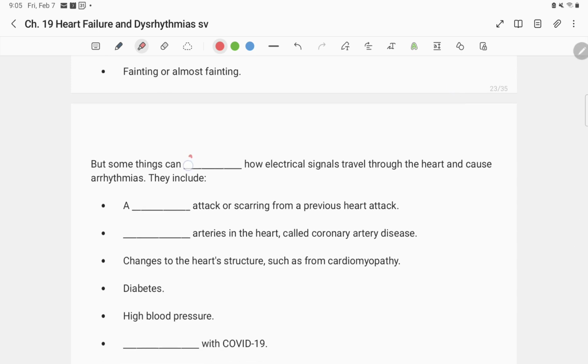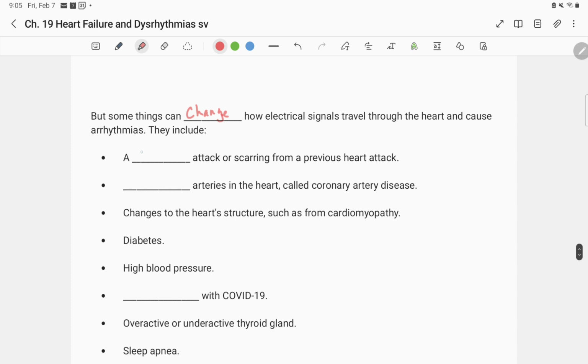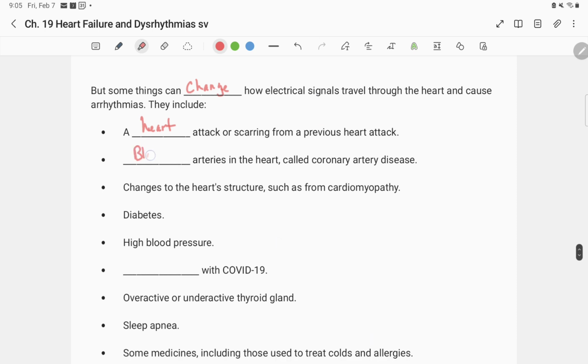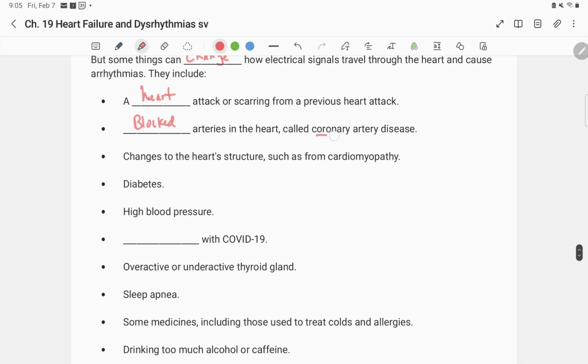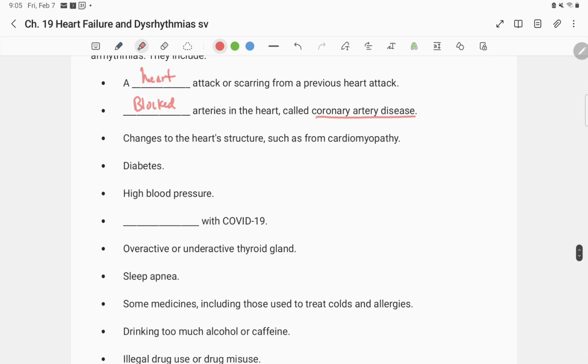Some things can change how electrical signals travel through the heart and cause arrhythmias. They include a heart attack or scarring from a previous heart attack, blocked arteries in the heart, that would be coronary artery disease, changes to the heart structure because of cardiomyopathy, diabetes, high blood pressure, infections.